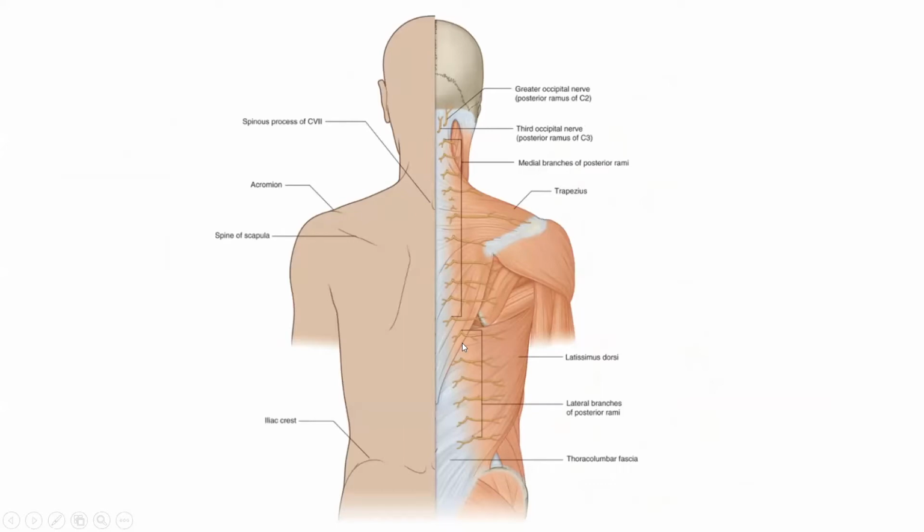It means that C1, C2, C3 and so on, they come from the same segments from which the spinal nerves arise, and innervate the area through which the spinal nerve passes. So they respect the segmental organization of the spinal cord.